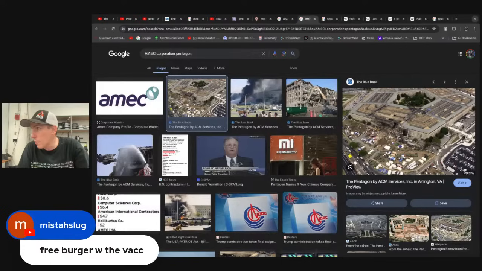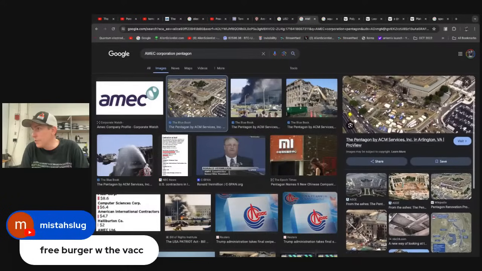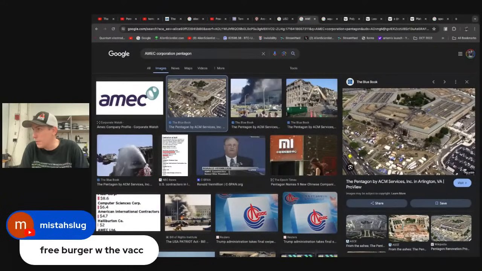That's all AMEC Corporation. They did a whole refurbishment to this wing, installed bomb-proof and blast-proof windows and siding. They went and sprayed the interior structure with Line-X to make it structurally blast-proof. They did all this excessive renovation. So that's why there's not a lot of damage to that wing when the plane struck it. And by the way, the planes were flown by remote control.